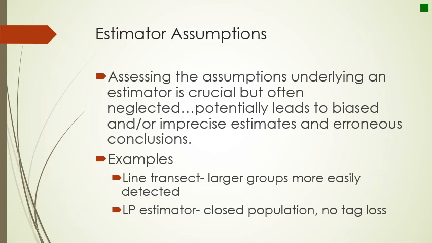You may miss individual animals that are bedded down, but if there's a herd of 10 or 20 individuals, you're probably going to detect them. That would be a violation of the underlying assumption. So you would need to do something to correct for that. There are ways of doing it, but you need to be aware of some of those assumptions in order to make those corrections. The Lincoln-Peterson estimator is another common one that we often use.